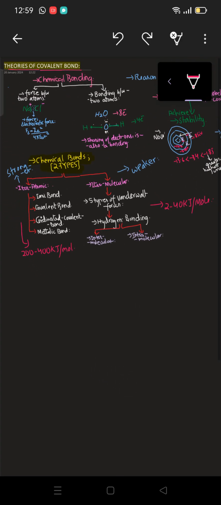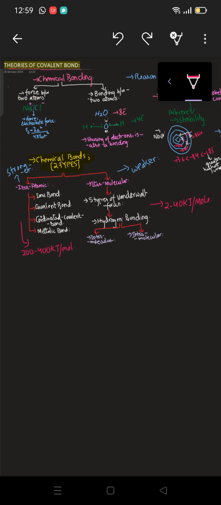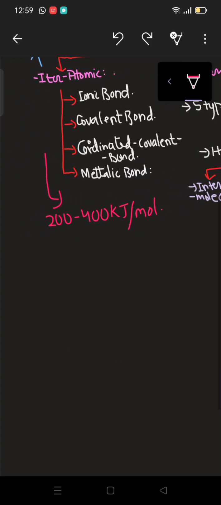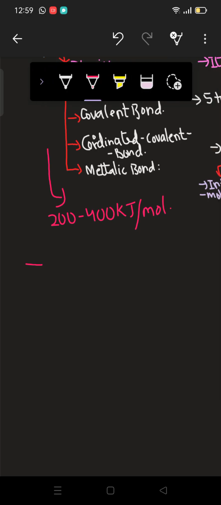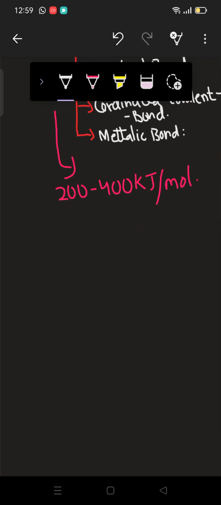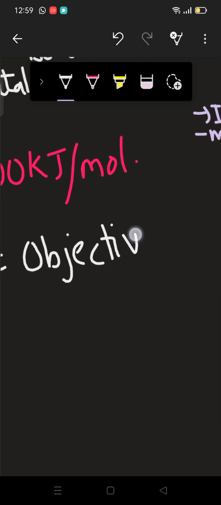So today we're gonna look into the objectives, what actually we're gonna study in the entire chapter. Let's see, right? These are the basic objectives.